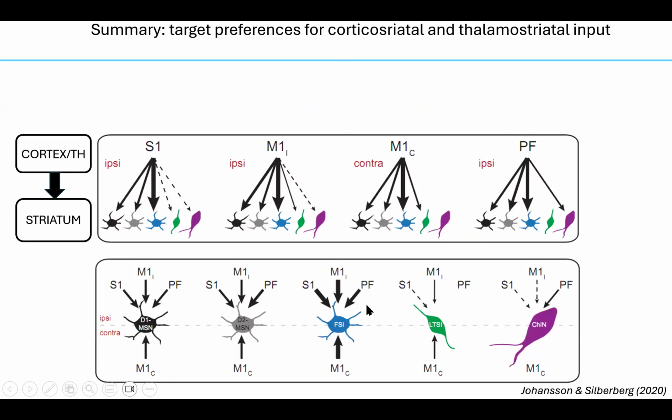And from all of the neurons in the striatal circuitry, the population that constantly received the strongest input was the fast spiking interneurons.